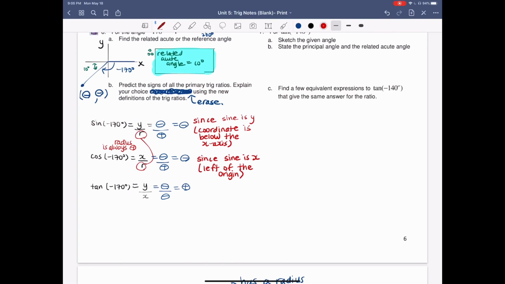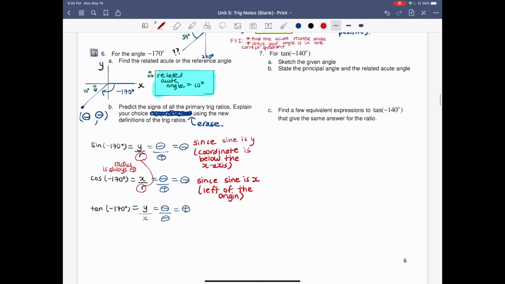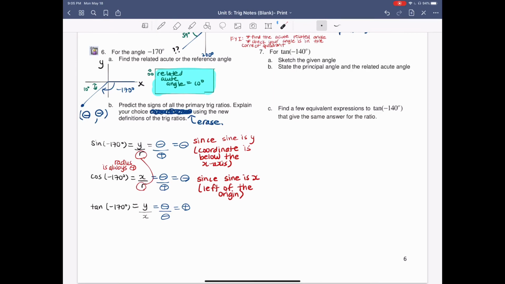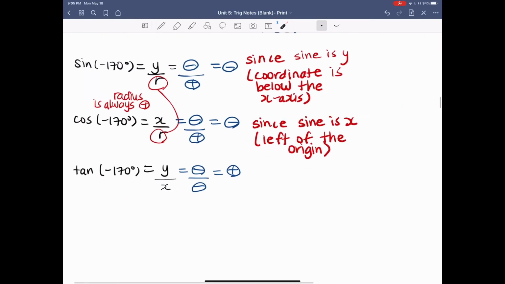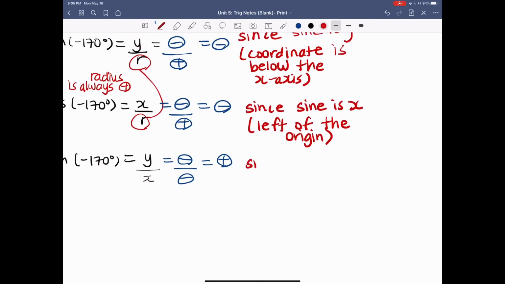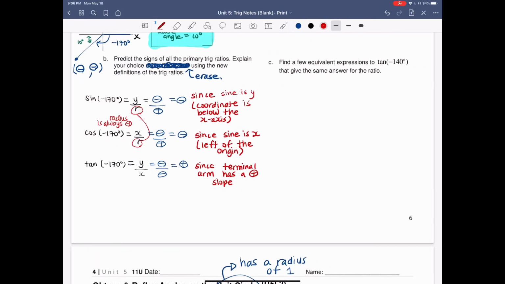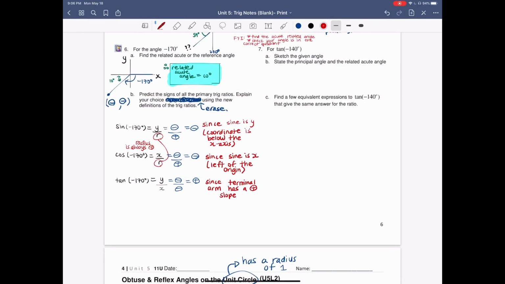Lastly, for tan, take a look at this line segment as a slope. From left to right, you are going up. If you're going up, that is a positive slope. And therefore, since the terminal arm has a positive slope, tangent is positive. Okay, and without knowing the CAS rule, that's what you could have done.